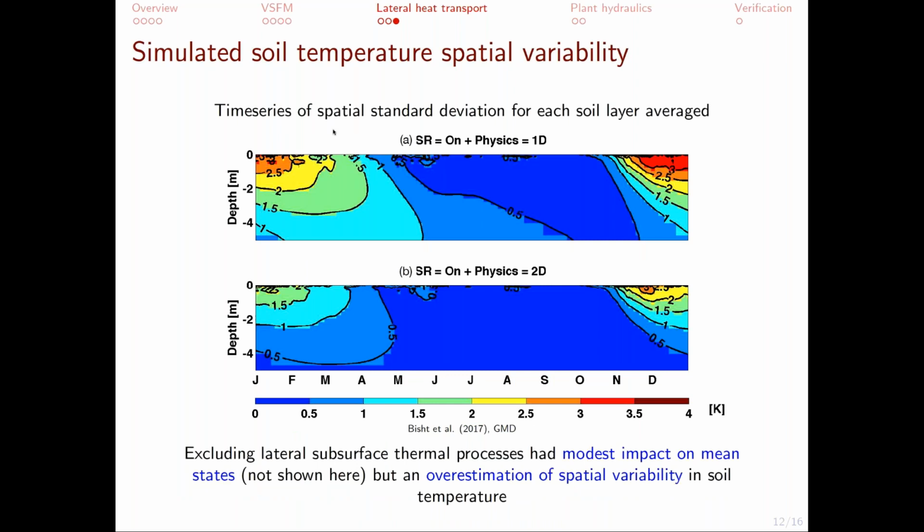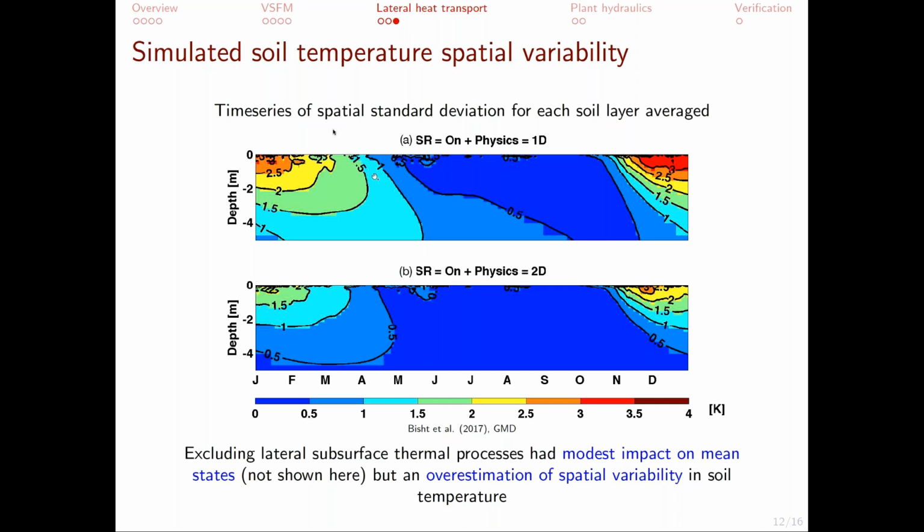This is a time series of the spatial standard deviation of soil temperature with depth. The top panel is for 1D physics, the bottom panel is for 2D physics. If you focus on the top panel, there is spatial heterogeneity in soil temperature during winter, which propagates down.